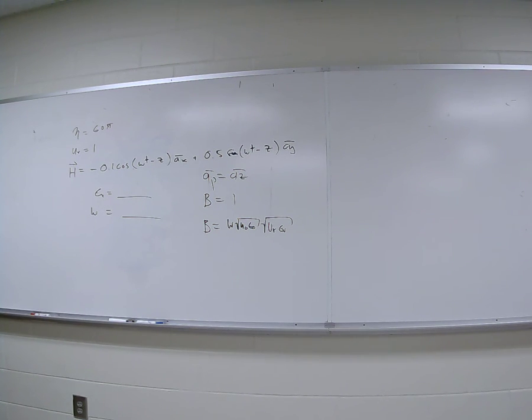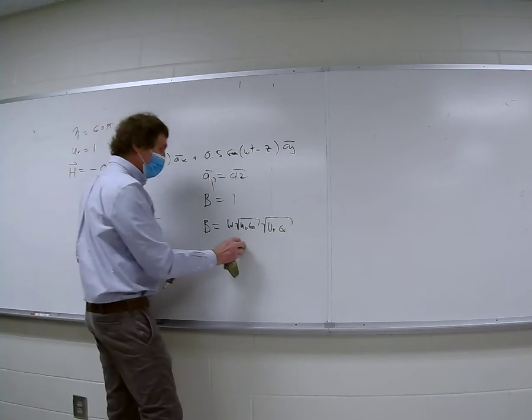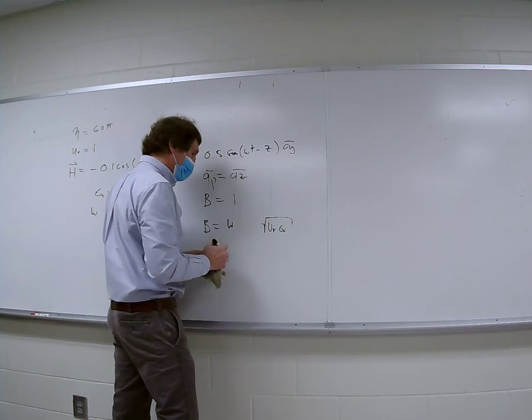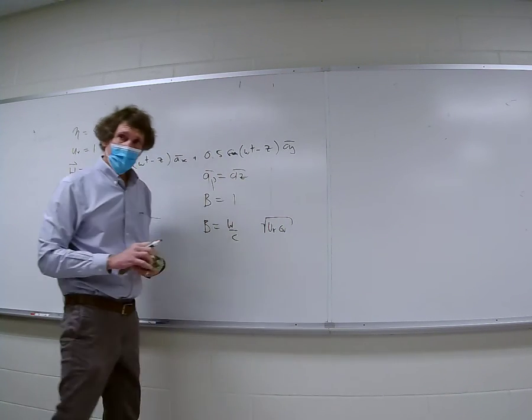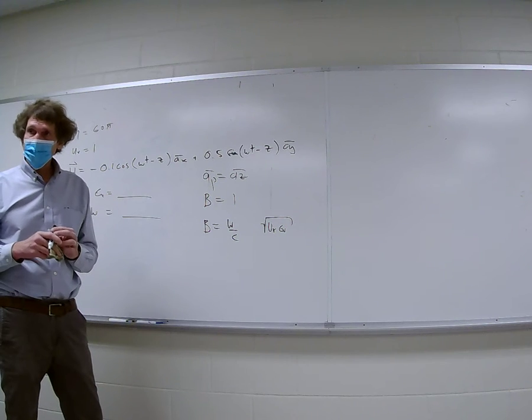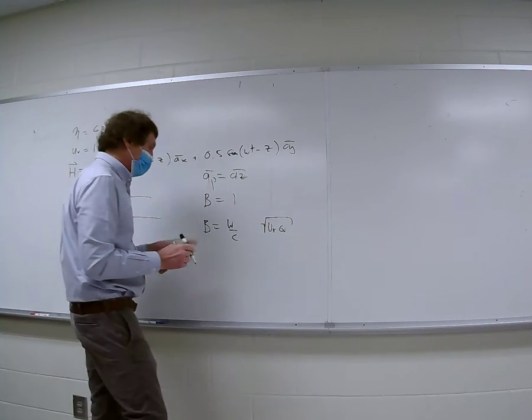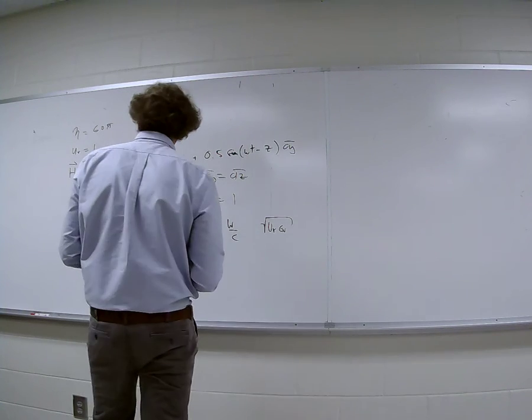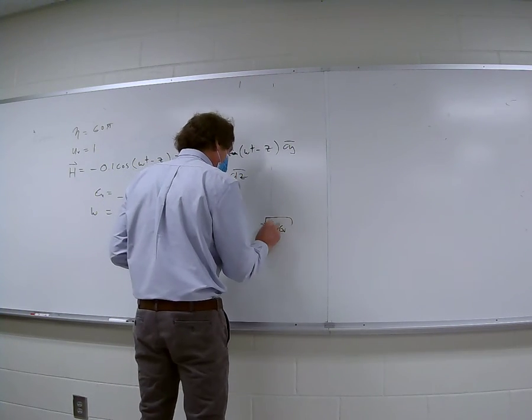Is there an eraser in here, by the way? 1 over, what's square root of mu naught epsilon naught, class? 1 over c, right? c is 1 over the square root of mu naught epsilon naught. So we've got these two quantities out by themselves. I know mu relative is 1, so I get rid of that.